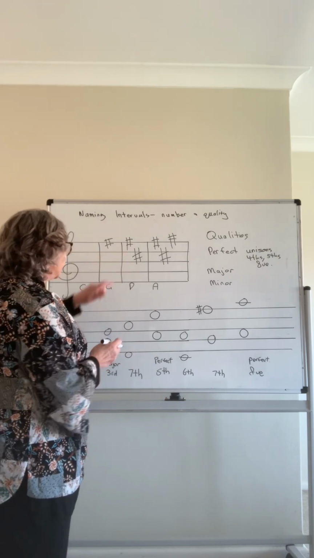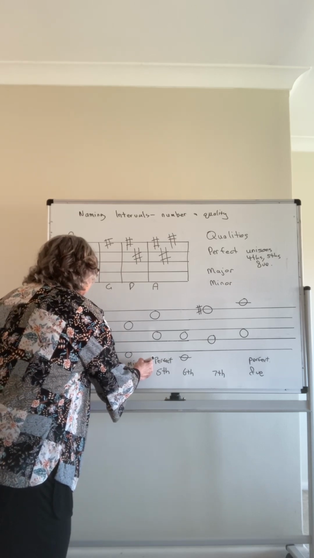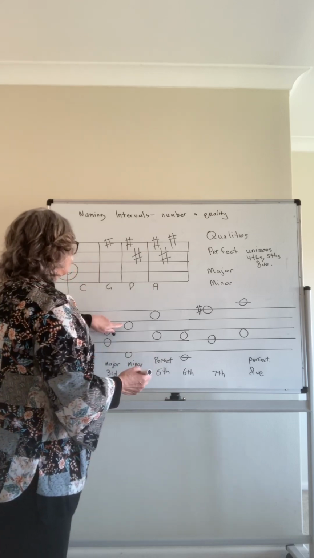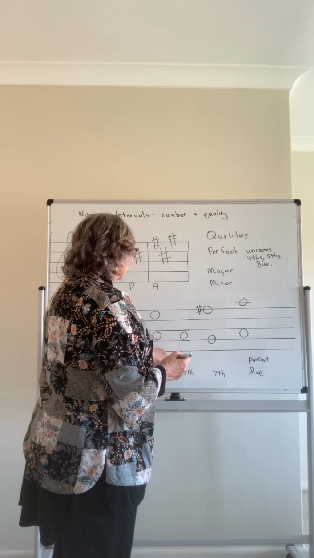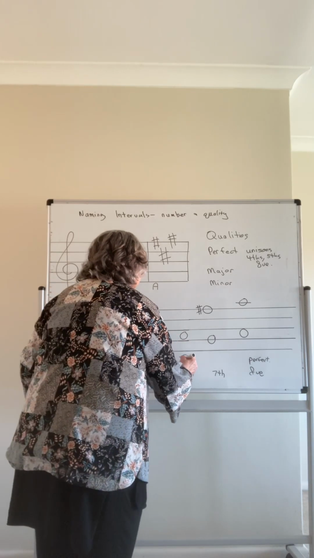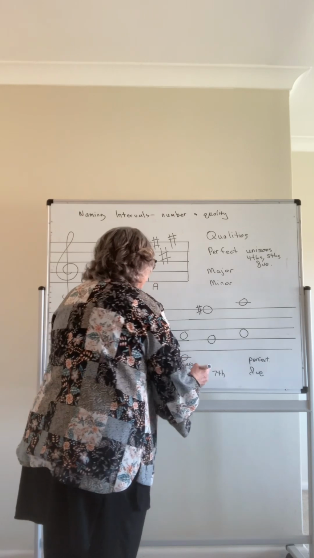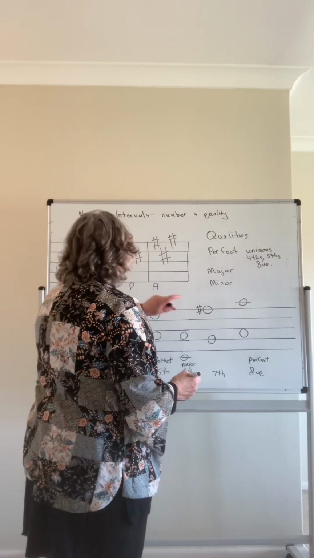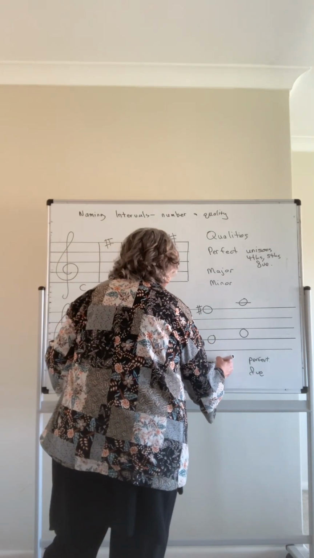We find it's a sharp, so it must be a minor 7th because C natural is not in D major. Come along to the 6th, in C major is A natural, yes it is, so it's a major. In G major is F a sharp, it is, so it must be a major.